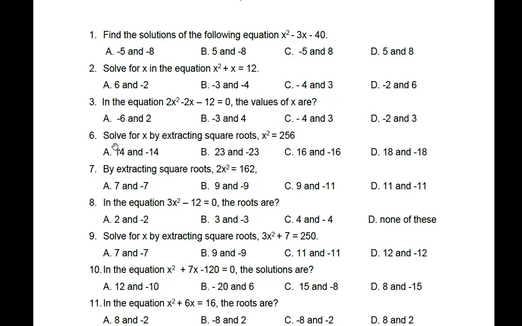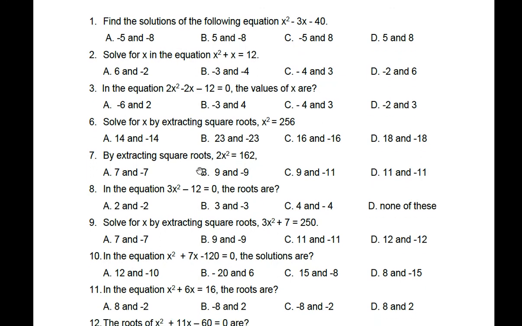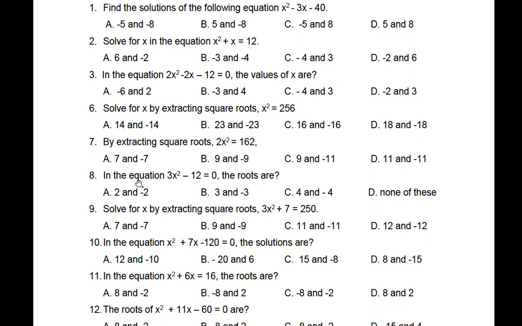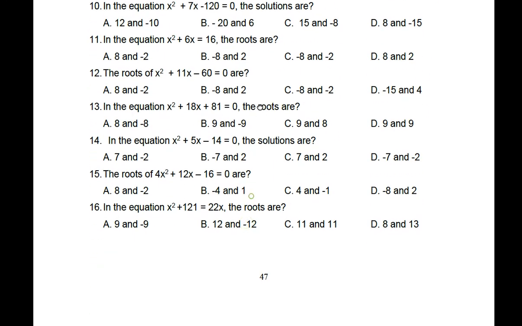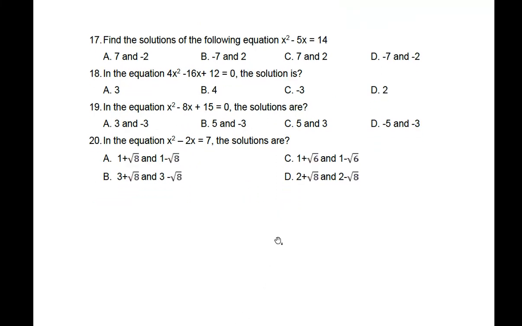Number 6, extracting square root. Number 7, extracting square root. So just solve the equation. Next, in the equation x squared minus 2x equals 7, the solutions are. So just look at what the solution is here.